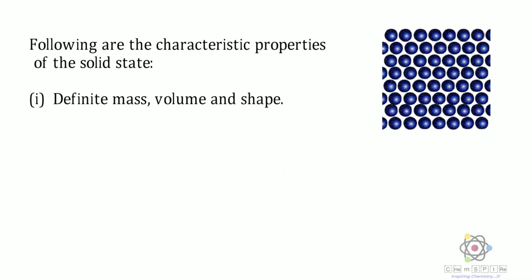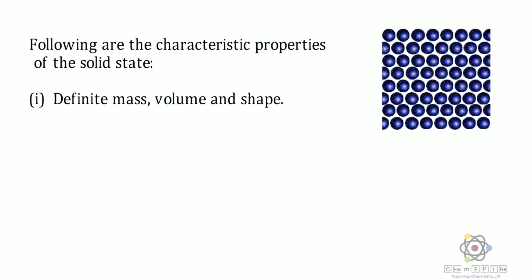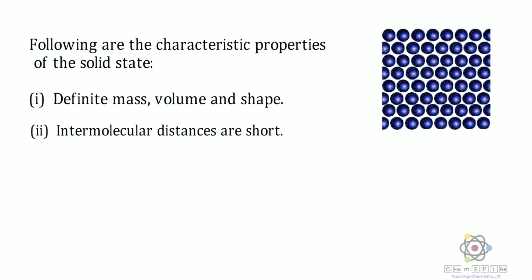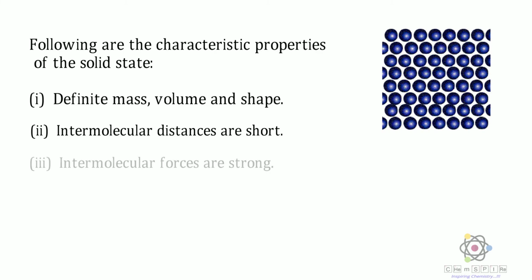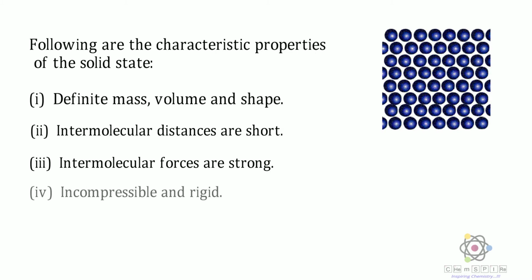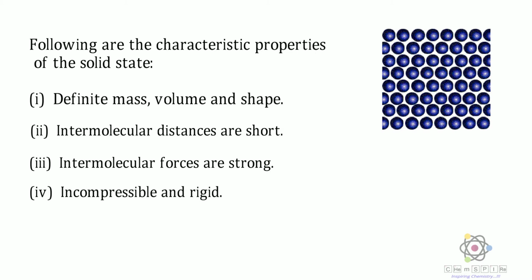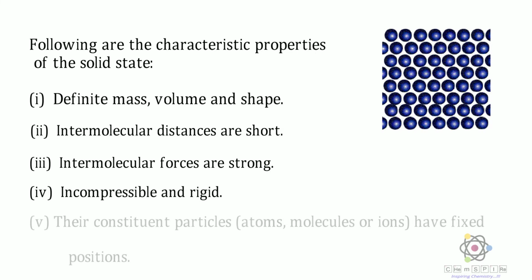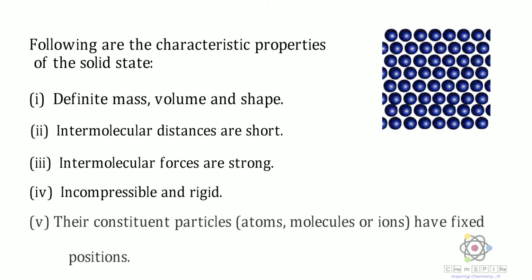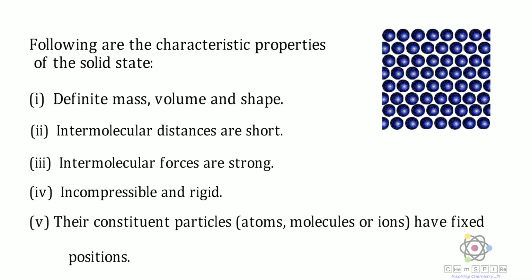They have definite mass, volume, and shape. Their intermolecular distances are short. Intermolecular forces are very strong. They are incompressible and rigid. And their constituent particles have fixed positions, so they oscillate about their mean positions as shown in the picture.